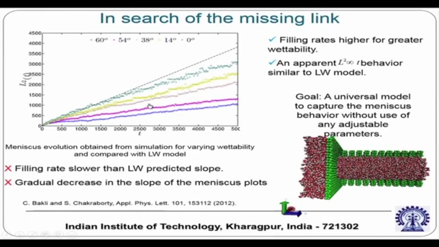What we have found is that the filling rates are higher for greater wettability. For different contact angles the graphs are plotted, and this is quite obvious because the capillary action is stronger.